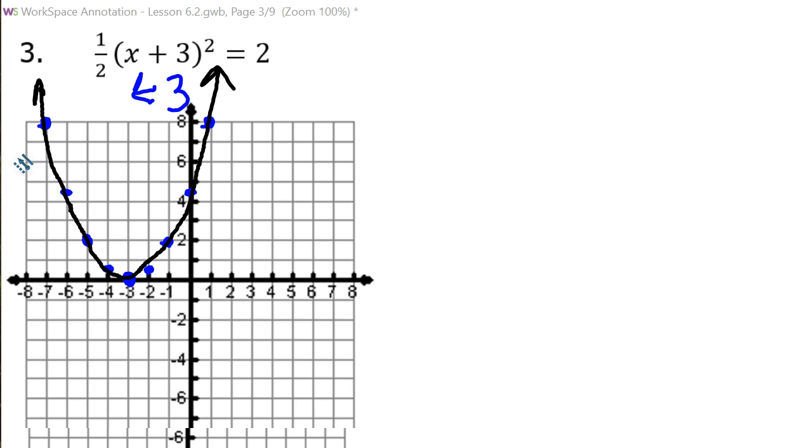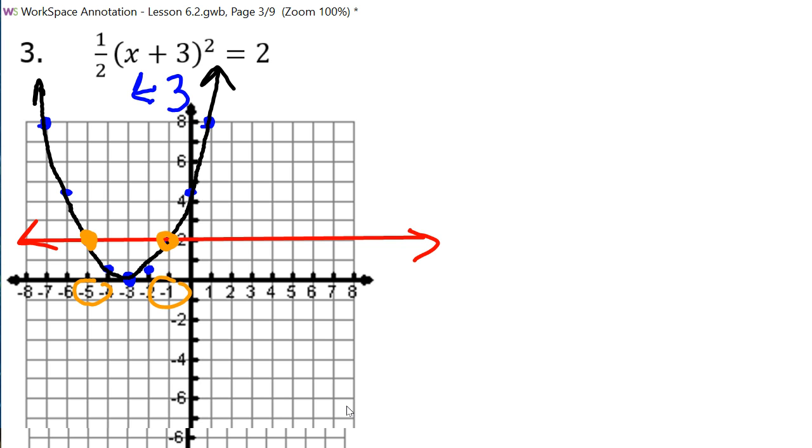There's 2. Locate the points of intersection. So they intersect right here and right here. And what are those x values? -5 and -1. So make sure you have both of those answers, -5 and -1.